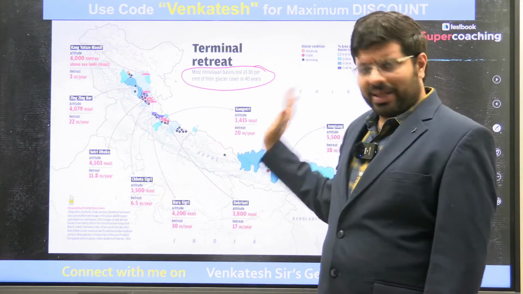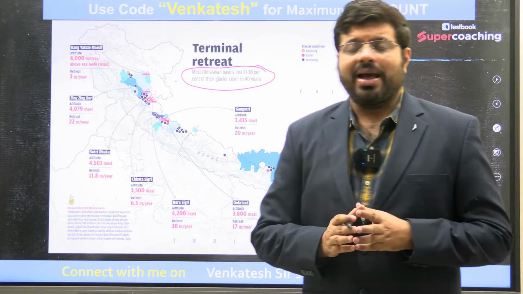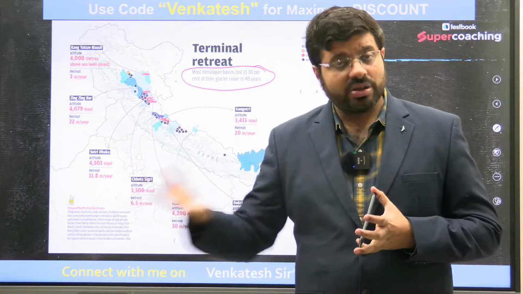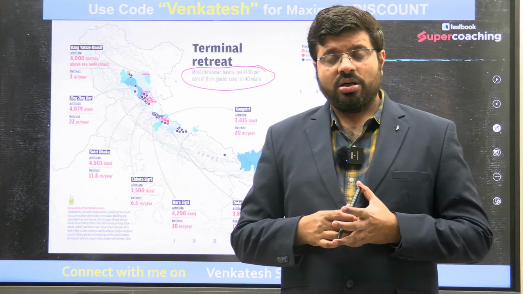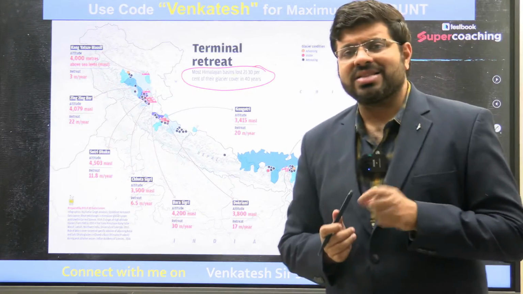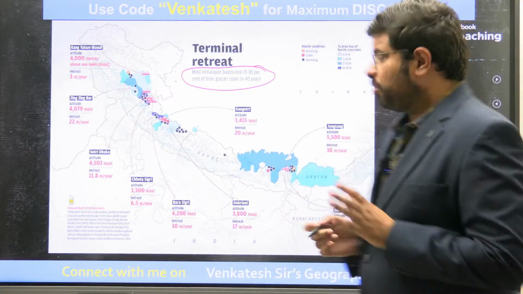This was an old article. I'm just giving an idea of how to prepare. Next time when anything associated with melting of glaciers becomes very much in the news, leading to glacial lake outburst floods, automatically that becomes important for our preparation. Why do you think they sometimes ask map-based questions? Maybe from that perspective as well, right? So these are the things.